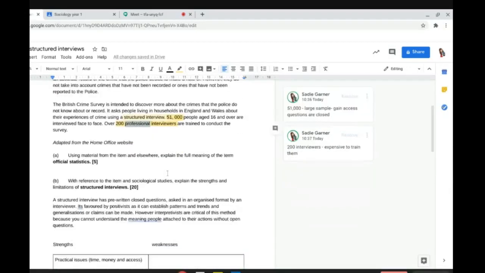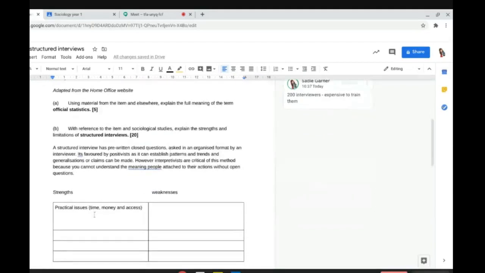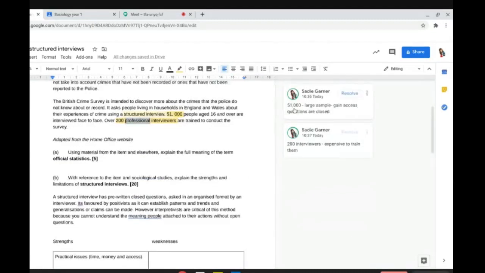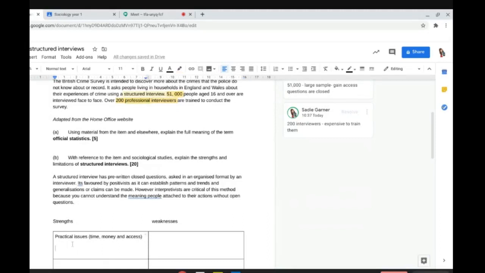So, going back to my practical: time, money, access. I'm going to take that bit and put it in the top paragraph. So structured interviews are very useful as you can gain access to very large samples, as all of the questions are closed.